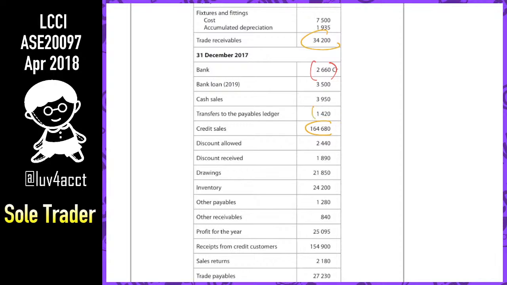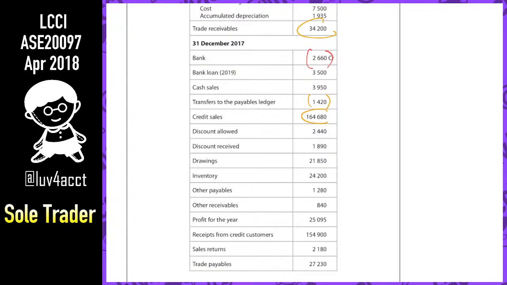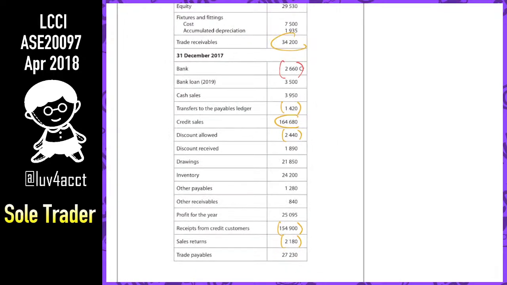Transfer will be negative, and then discount allowed, receipts from credit customers, sales returns. So this is essentially the control account, but then we don't have to prepare the account.